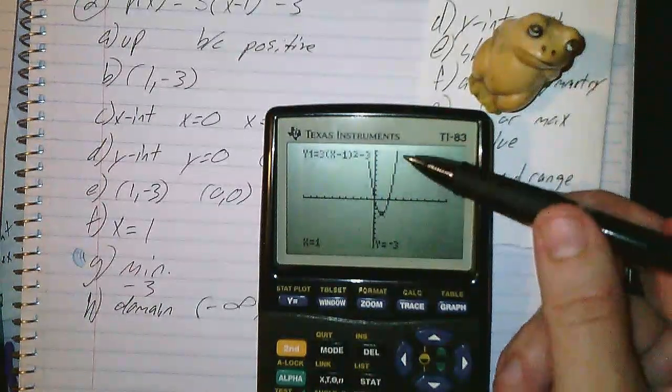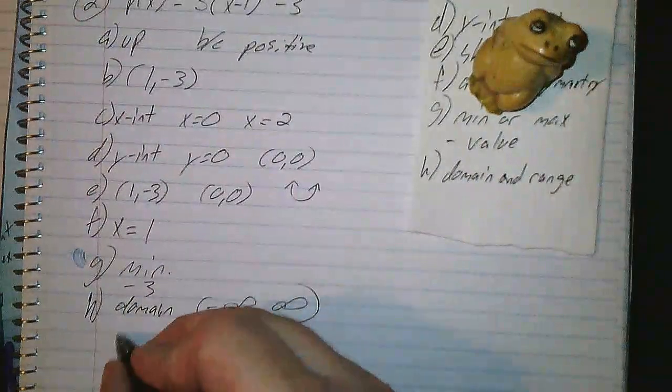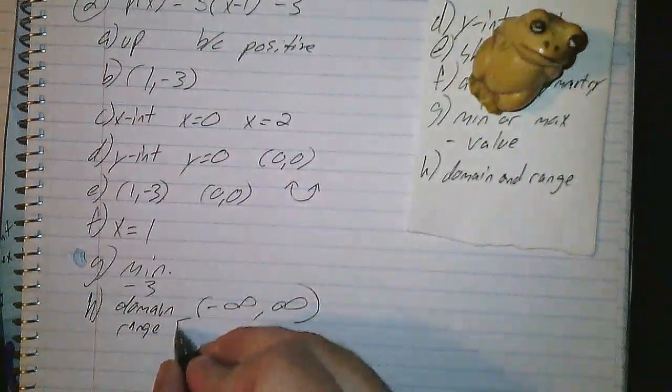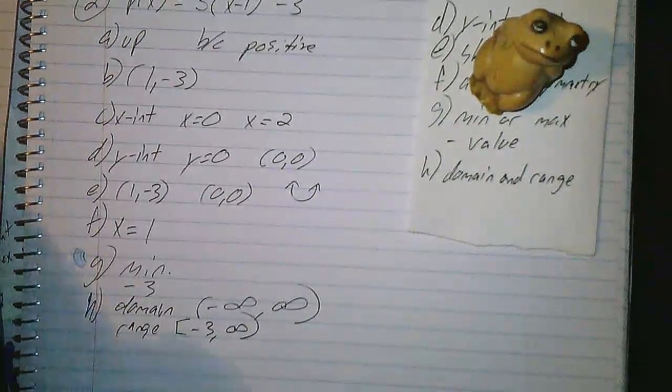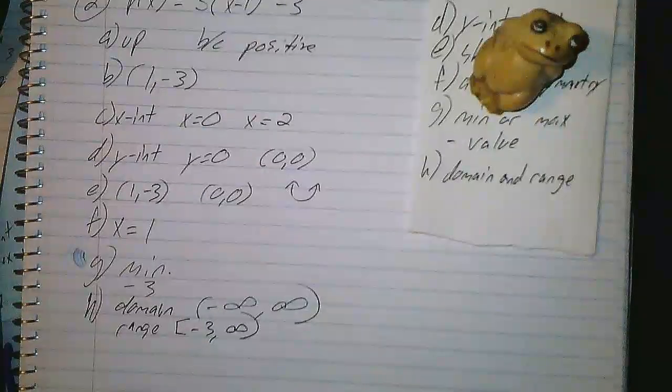So [-3, infinity) for the range. So there's another example, like number 2. I believe number 3 is similar.